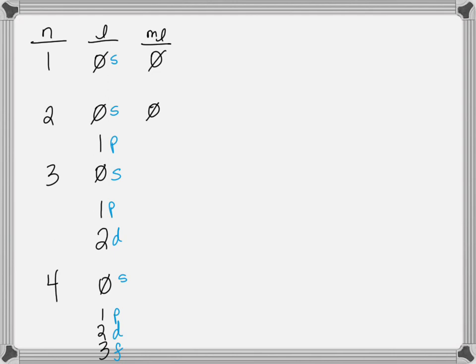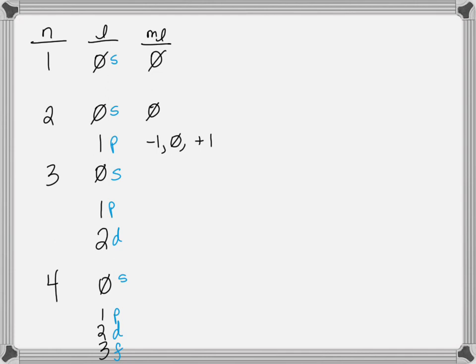Now we've got something different. If L is 1, then ML can be -1, 0, and +1, because ML is from negative to positive, including 0.